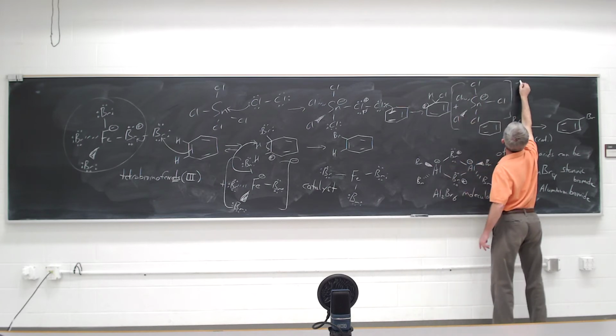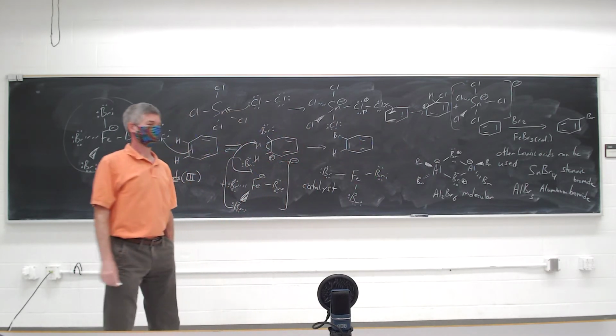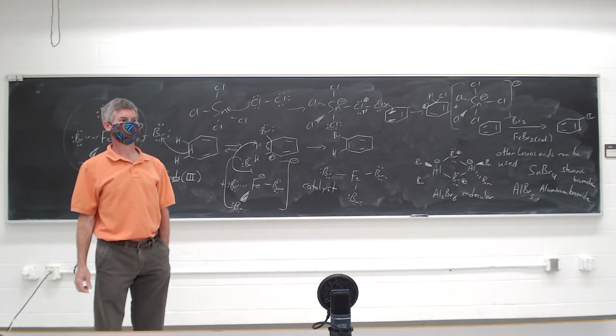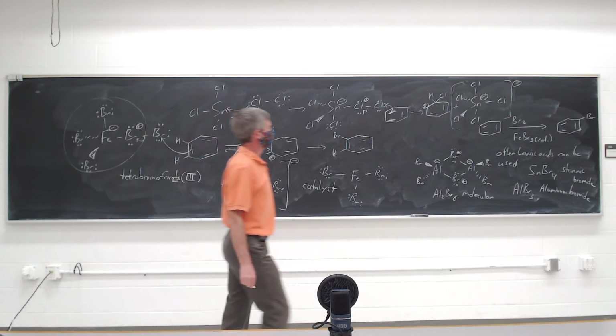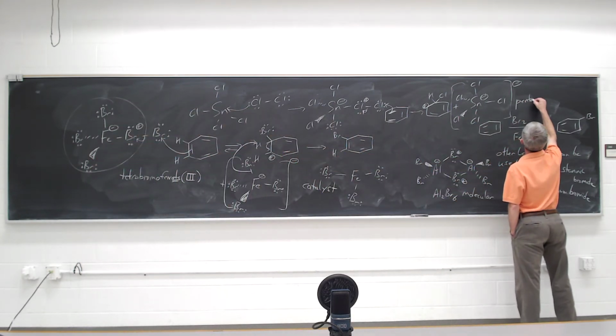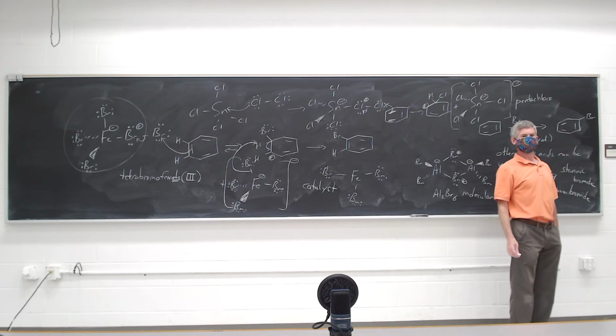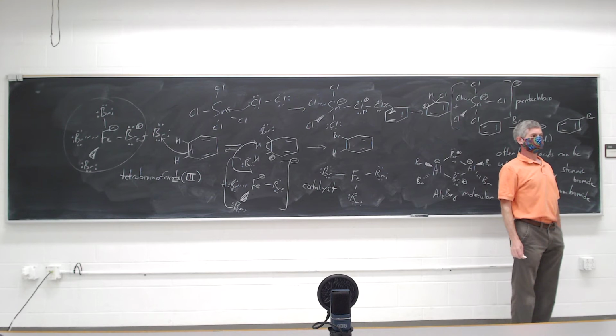Ion. Now, what would the name of that one be? Pentachloro, this is chlorine. Sn. Stannate.